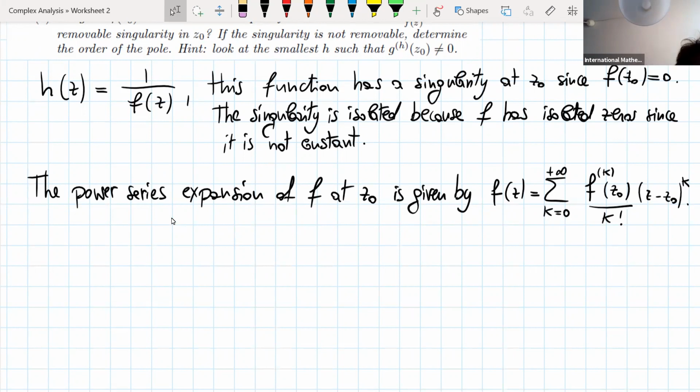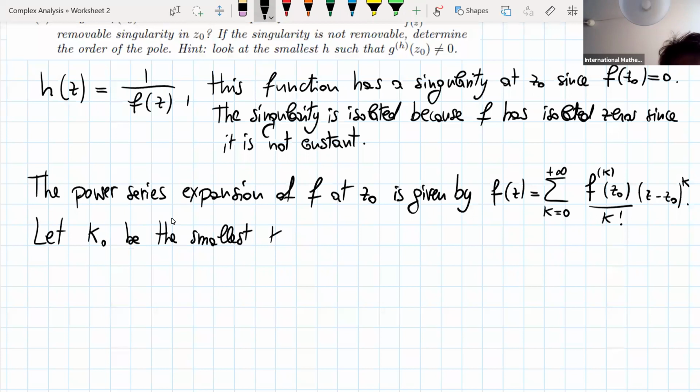So let k0 be the smallest k such that f^(k) of z0 is different from 0.